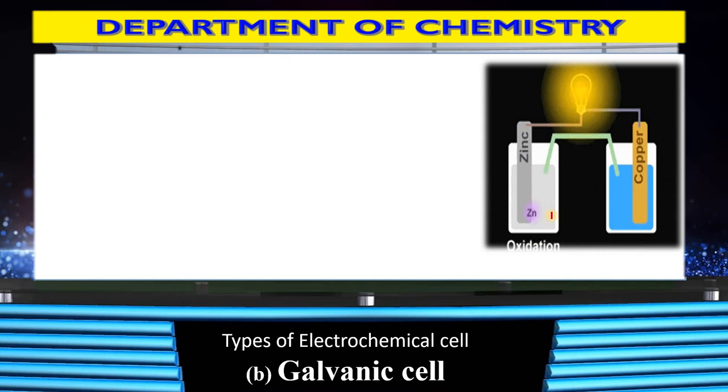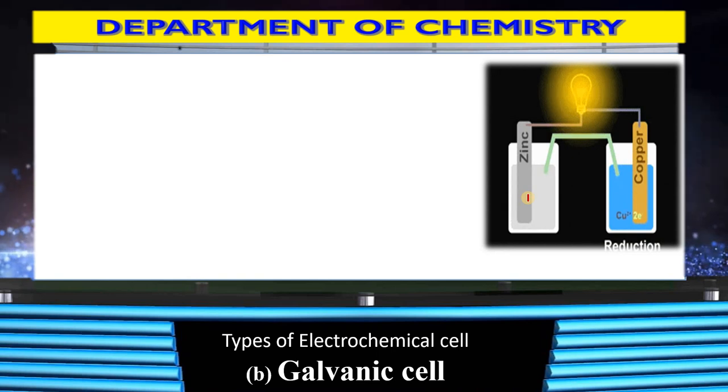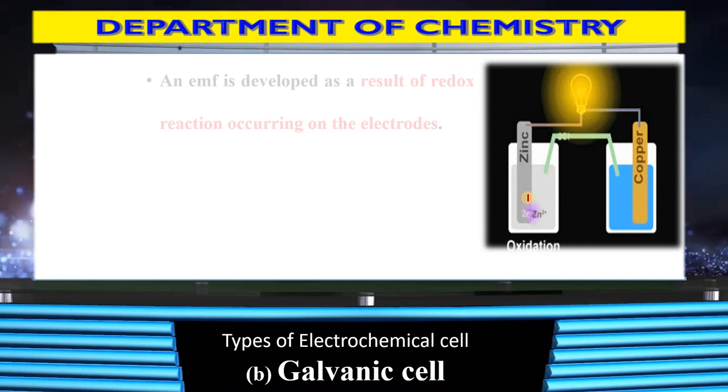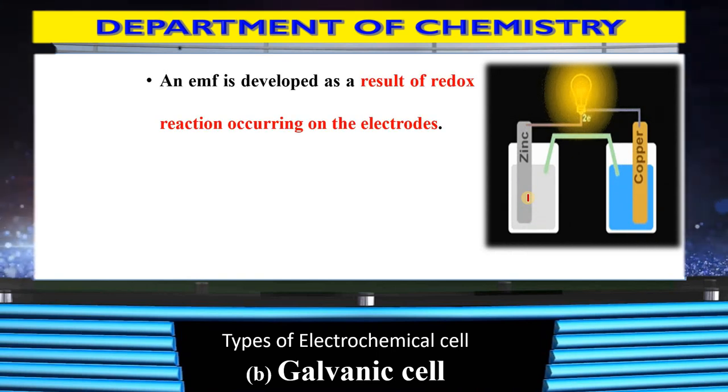So we use two different electrochemical half cells in this reaction to carry out the redox reactions, and such types of cells are called galvanic cells.